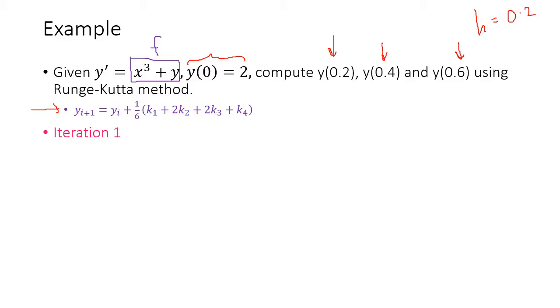So let us begin with the first iteration, and at the beginning of iteration 1 the values that we are going to require are x0, y0, f of x y and the step size h. So x0 is 0, y0 is 2, the function is x cubed plus y, which is the right hand side of this differential equation, and the step size is 0.2.